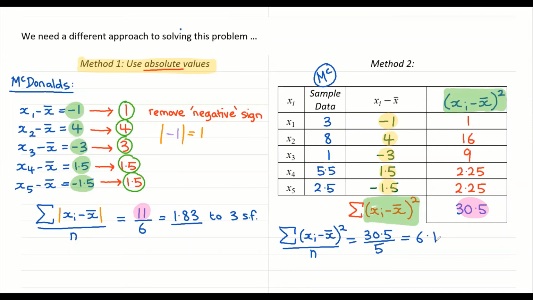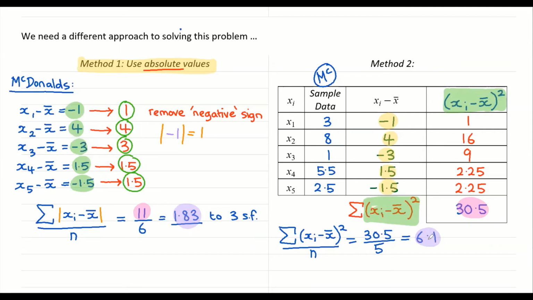So there's a huge discrepancy between this value and this value. And remember, we're trying to measure the same thing here: the average distance of each of the data points from the mean. So what's going wrong? Have a think about what could be going wrong.